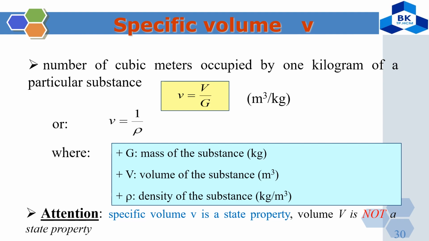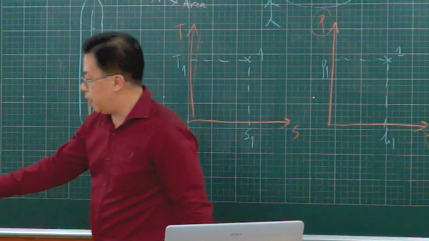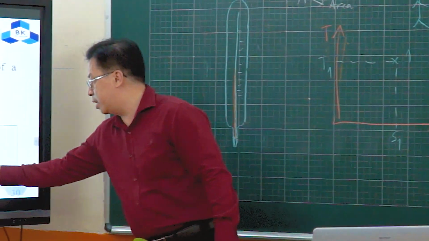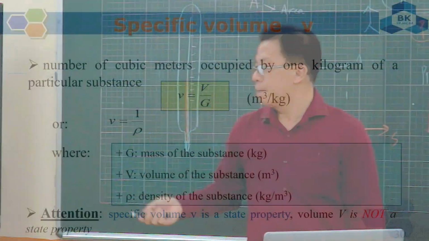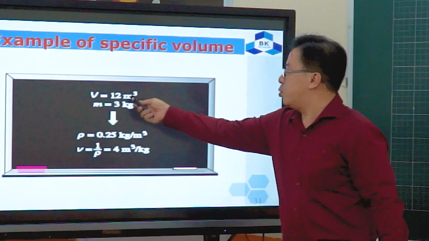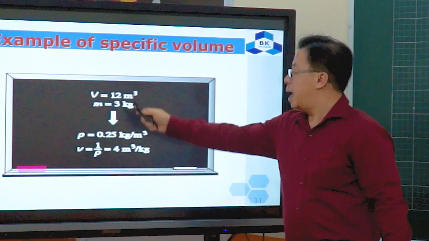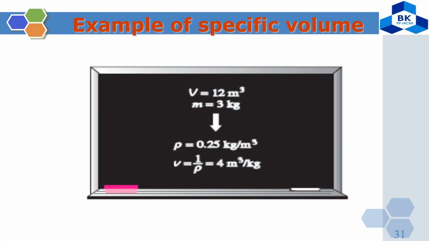So as I already mentioned, the specific volume v is a state property, but the capital V here, that means the volume, is not a state property. Okay? For example, we have the volume of a tank of 12 cubic meter, and the mass of this tank is 3 kilogram.